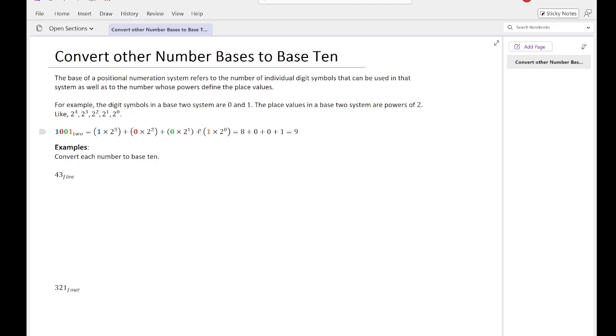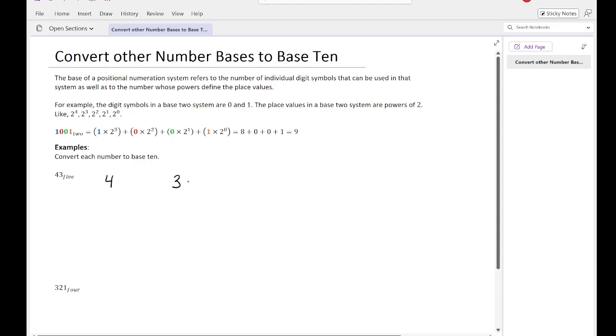So we're going to follow along this pattern to convert numbers in the following examples. Just remember the base tells you what powers to use. So base 2 will be 2 to a power. Ours here is going to be base 5, so it's going to be 5 to a power. I take the 4 and the 3 off to the side, and now I'm going to multiply these by powers of 5.